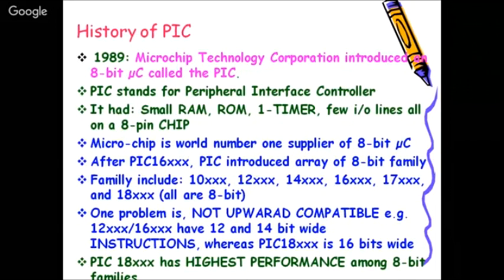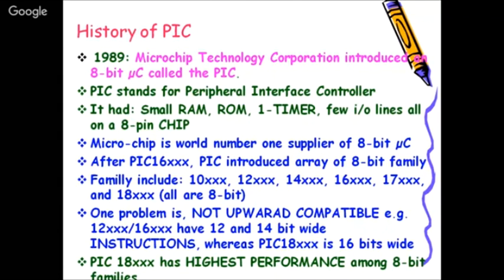So coming to the history first, in 1989, Microchip Technology Corporation introduced the 8-bit microcontroller called PIC. During those days, only Intel's 8051 was most popular. You can say 8051 was the most popular in the microcontroller world.